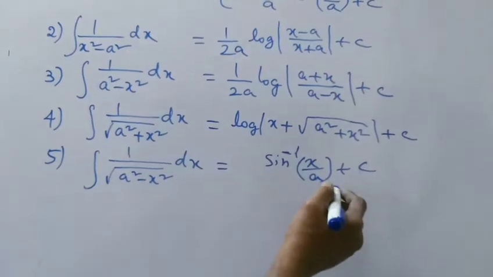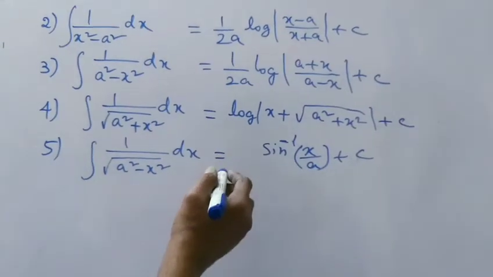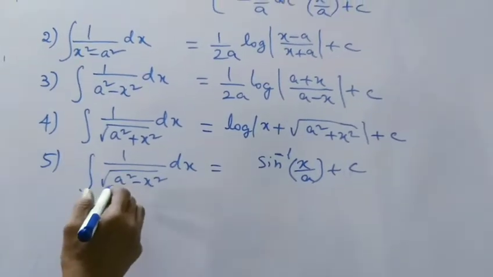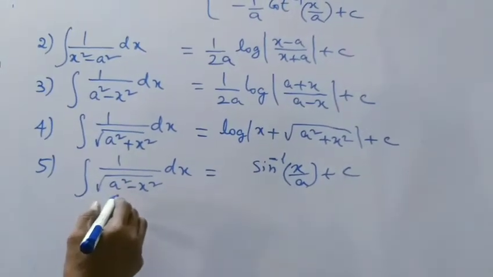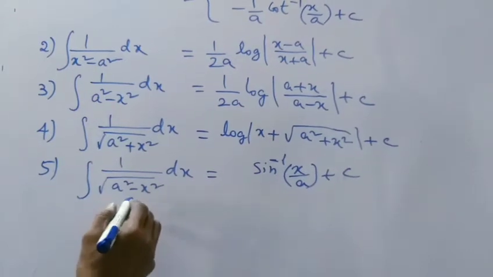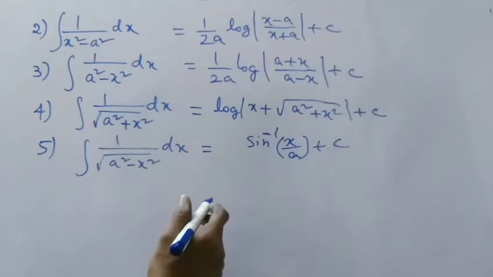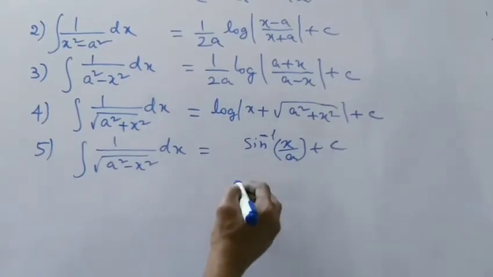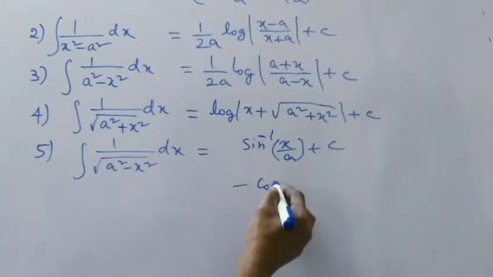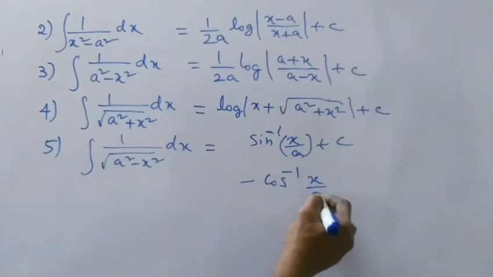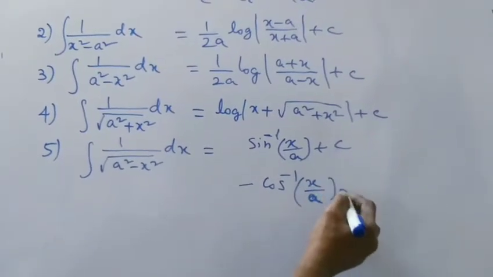Integral of 1 by square root of a square minus x square dx is equal to minus cos inverse x by a plus c, or cos inverse of x by a plus c.